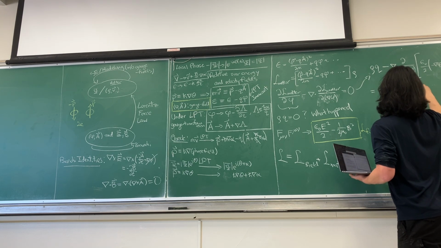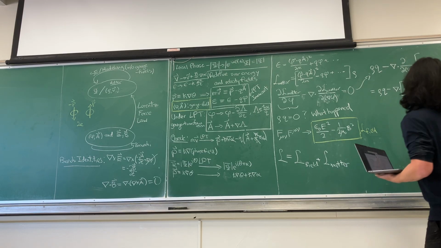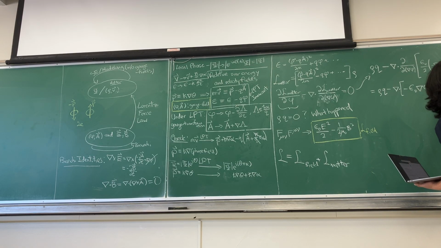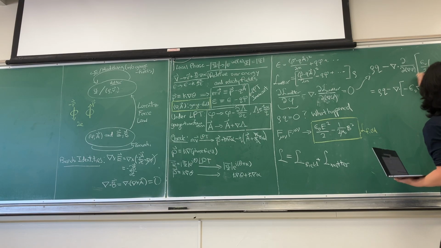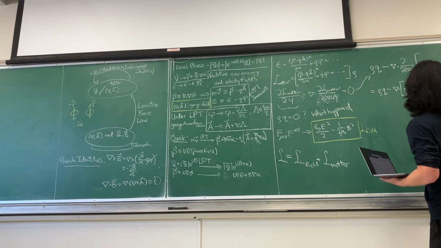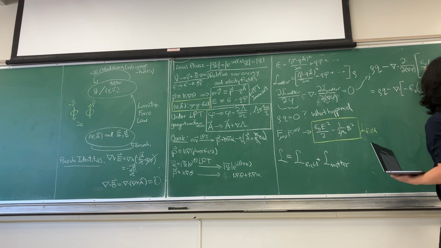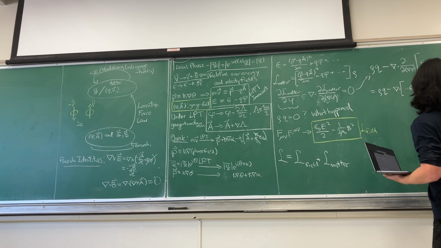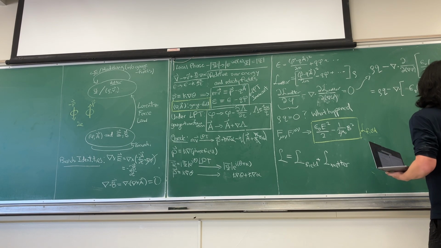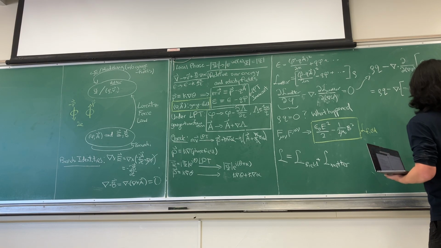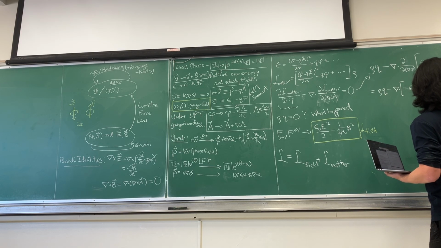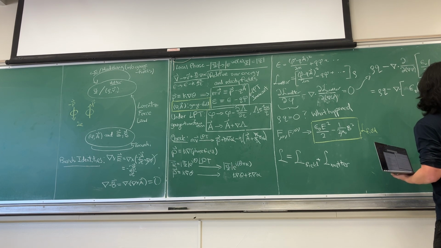Minus epsilon naught times minus gradient phi. No, sorry. Yes, this is what it will be. Like this. I think this one, yes. Sorry, I was doing the math fast.